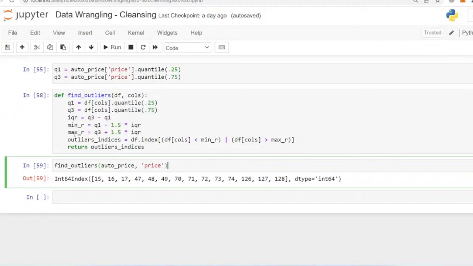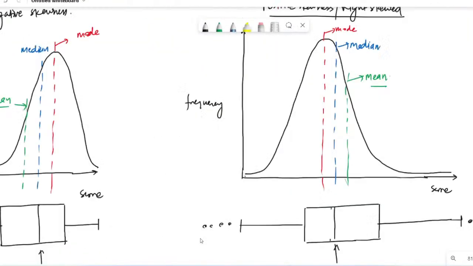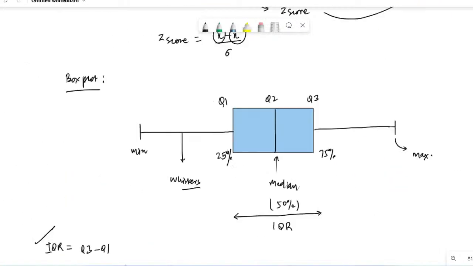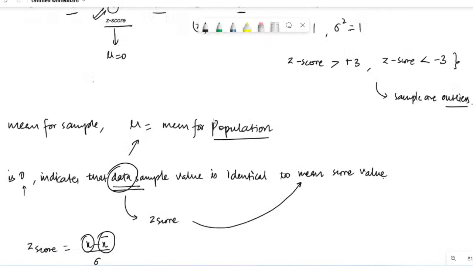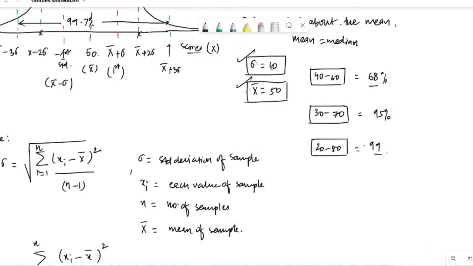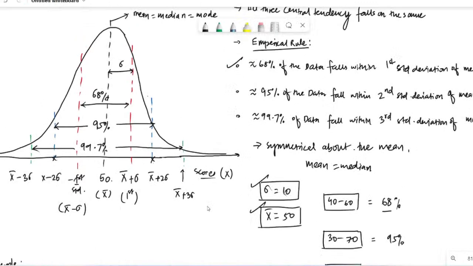Okay. So generally, one way of finding our outliers is like this. The other way is when your value exceeds a z-score greater than 3. The values beyond this will also be treated as outliers. The values which are in this region will be considered as outliers.